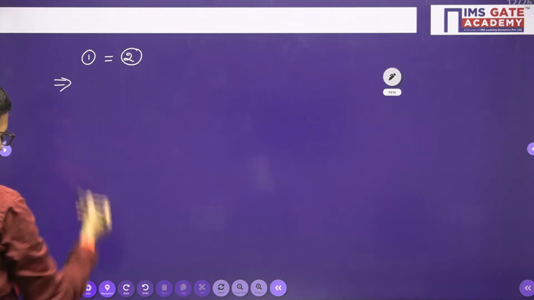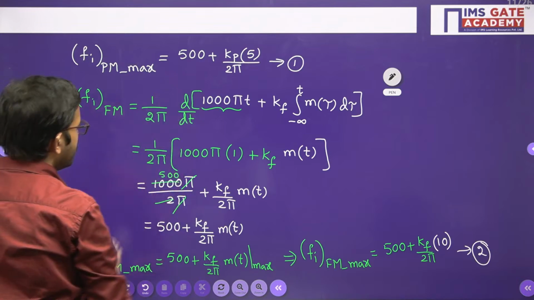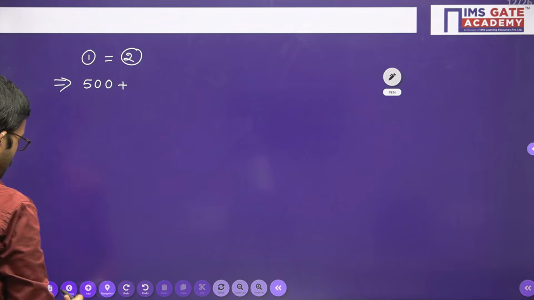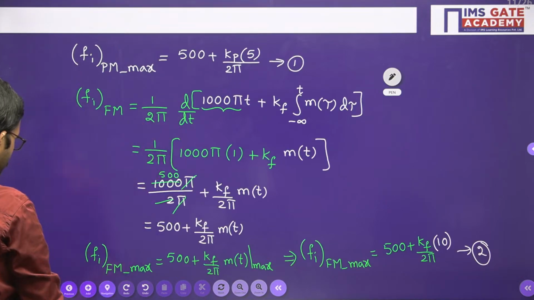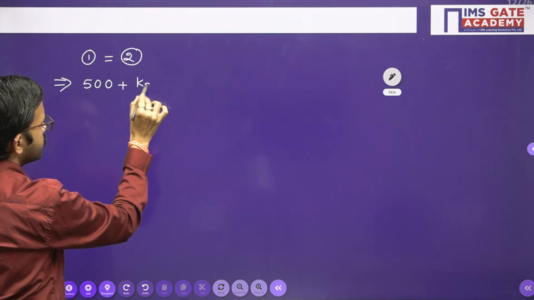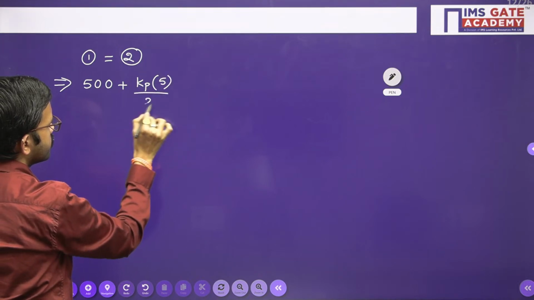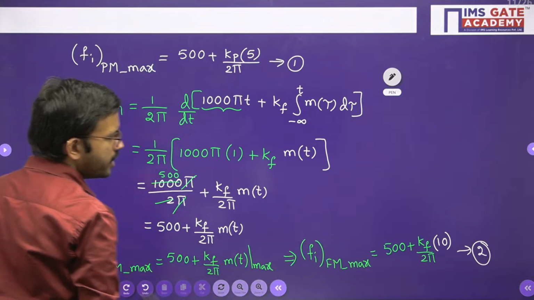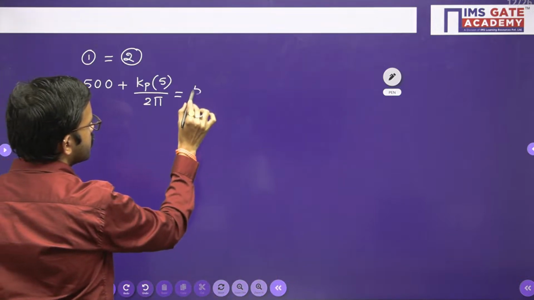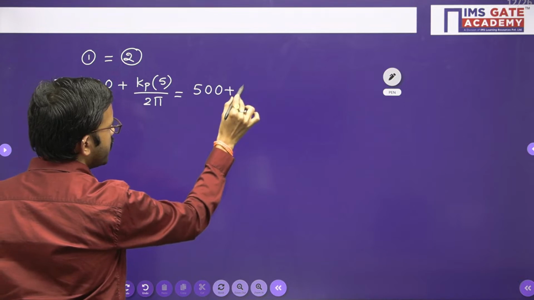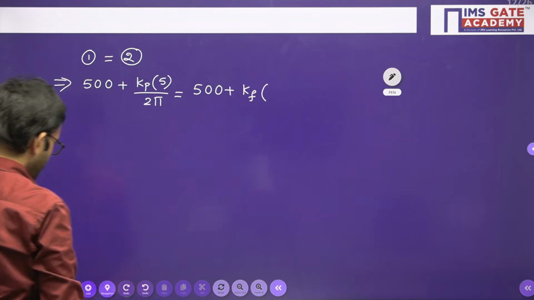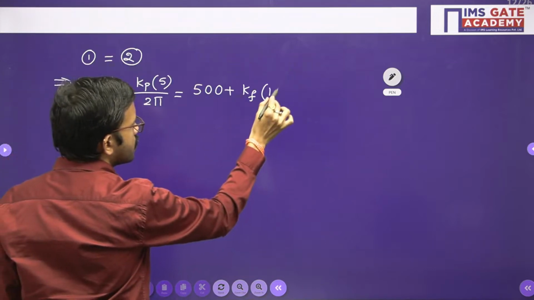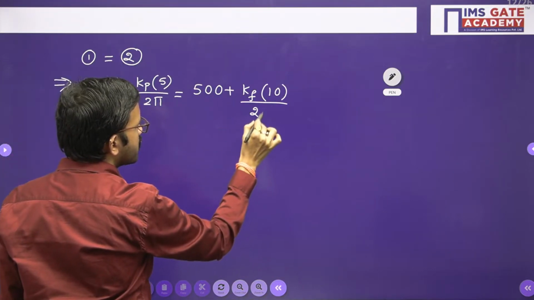So here, 500 plus Kp into 5 divided by 2 pi is equal to 500 plus Kf into 10 by 2 pi.